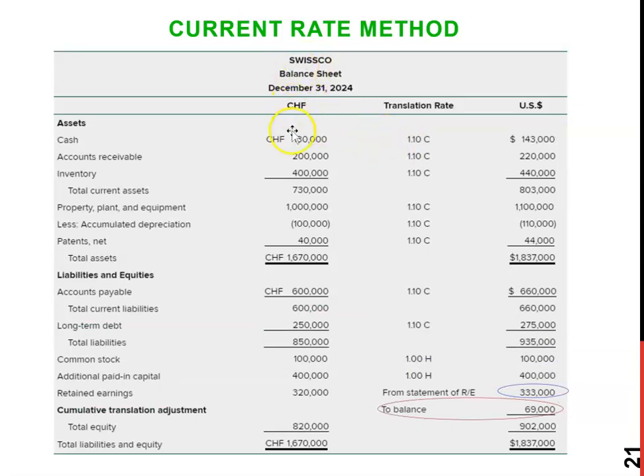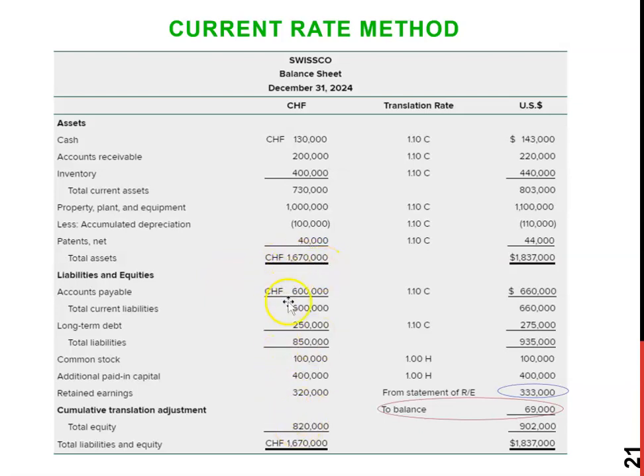This is my Swiss franc balance sheet. It's a balanced balance sheet, isn't it? All items are listed in Swiss franc, liquid assets first: cash, receivables, inventory, then plant, property, equipment. Total Swiss franc assets is 1,670,000.